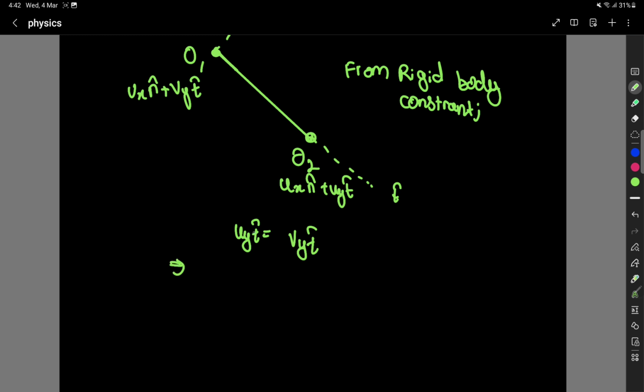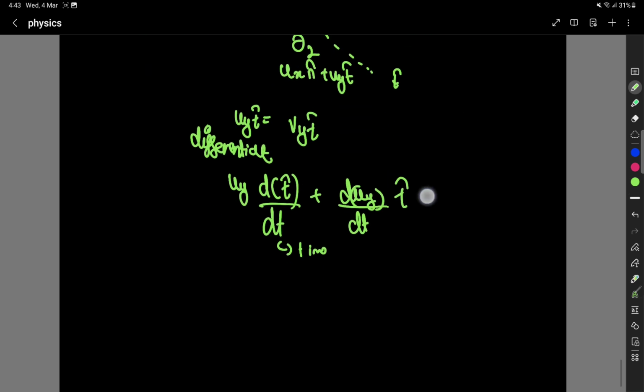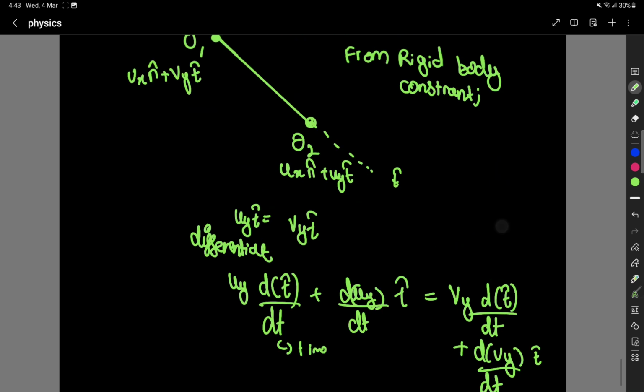Now if you differentiate this, Uy times derivative of t cap with time, plus derivative of the speed by dt along t cap, is equal to Vy times derivative of t cap with time, plus derivative of Vy by dt along t cap.